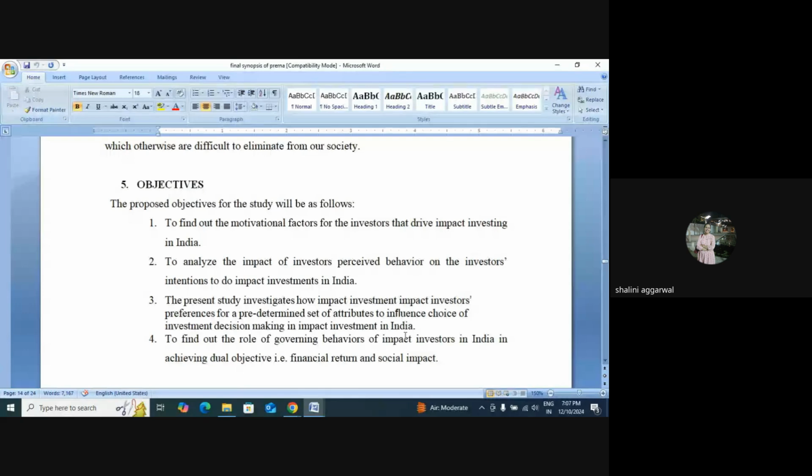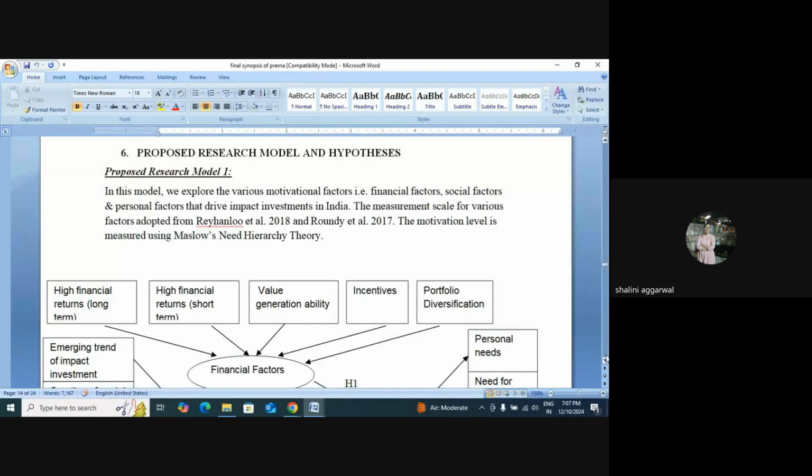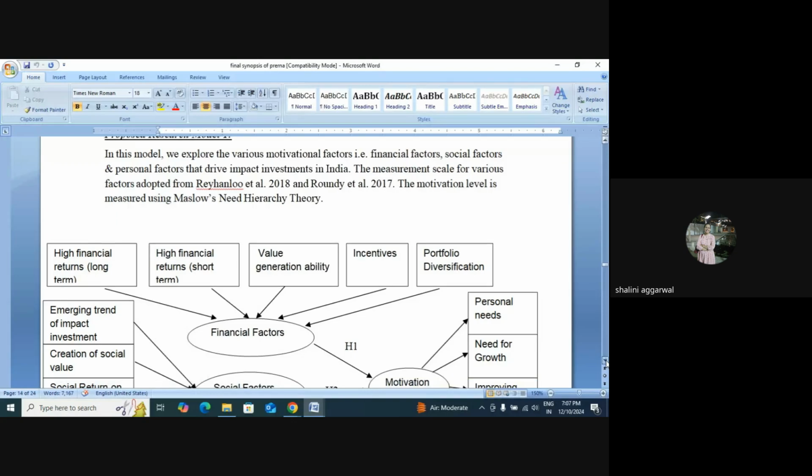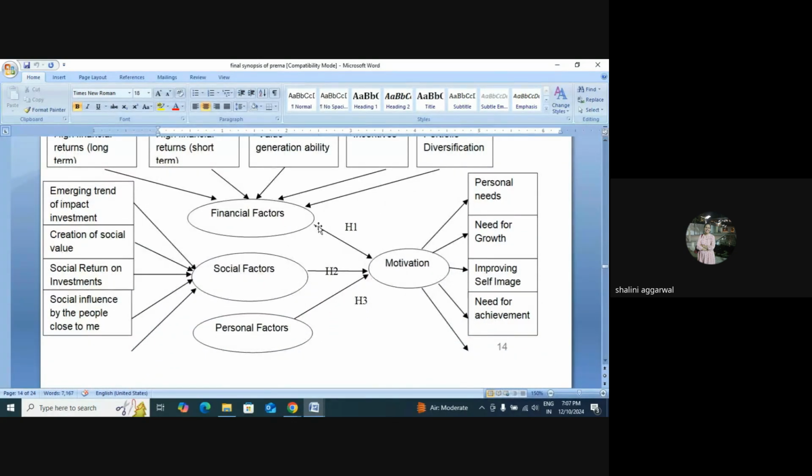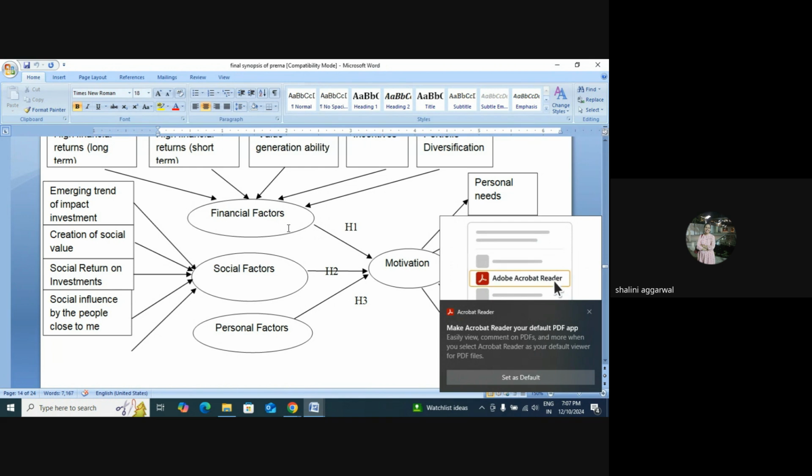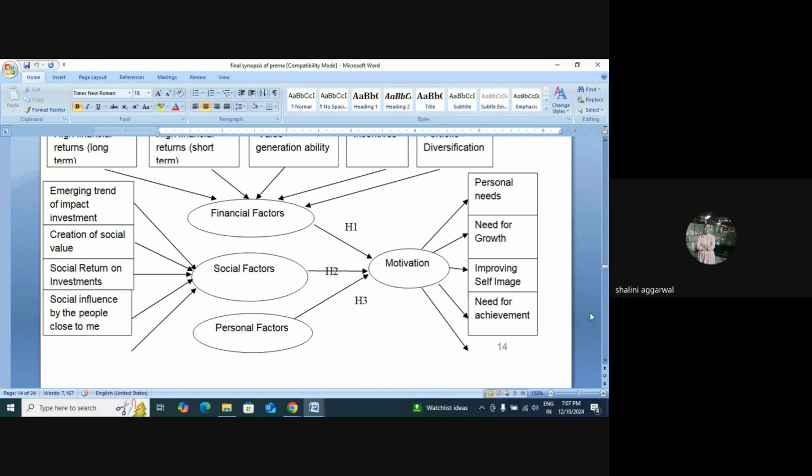So these are the objectives, and this is my first model. The model has certain variables: financial factors, social factors, personal factors, and motivation. These are the factors that motivate people to invest into impact investing, right?